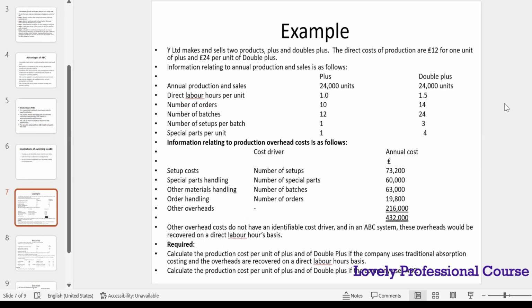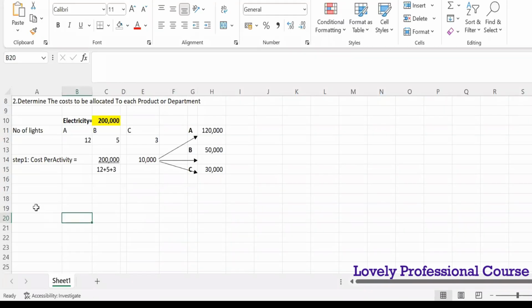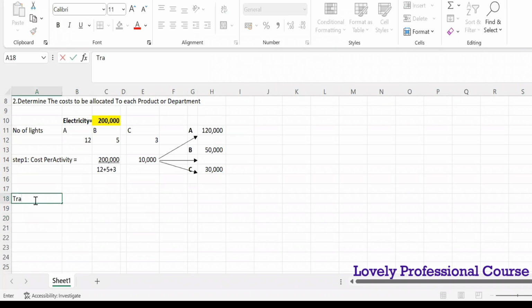Let's see what is absorption costing. What does it do? Let's come back to our Excel file. Here I'm saying the traditional method, I can say this traditional method is absorption costing.